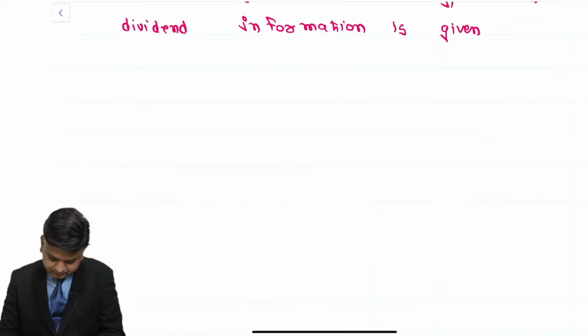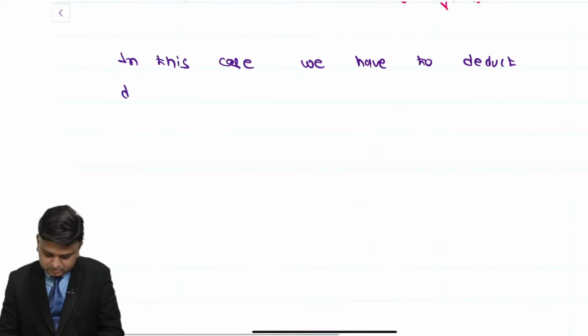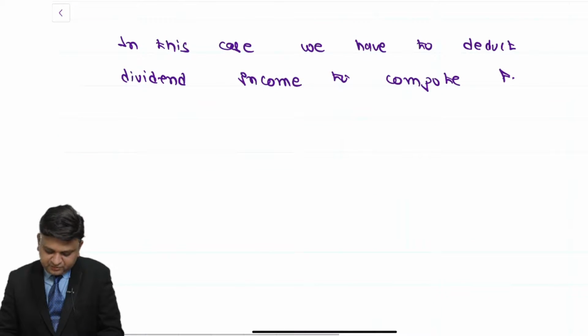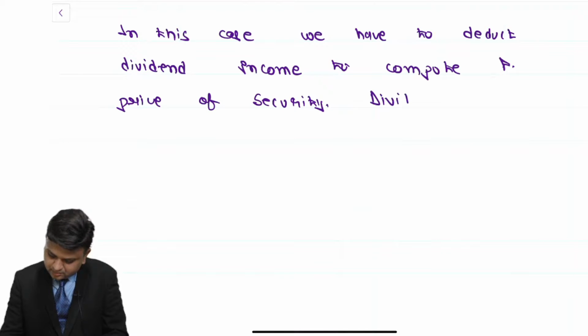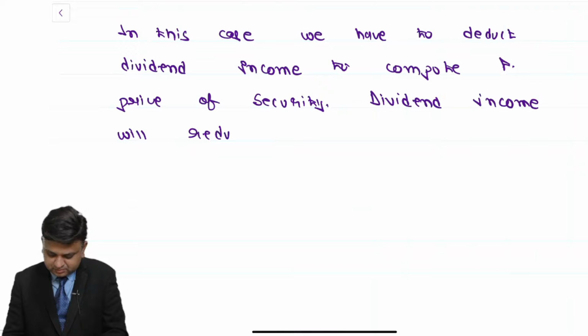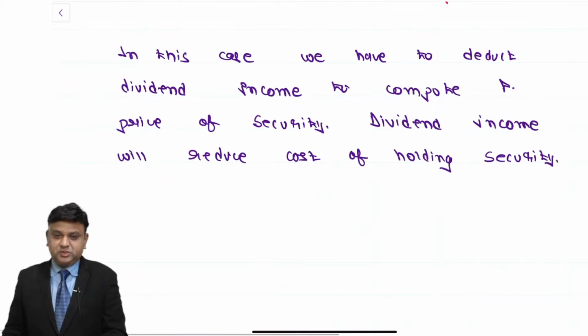In this case we have to deduct dividend income to compute F price of security.